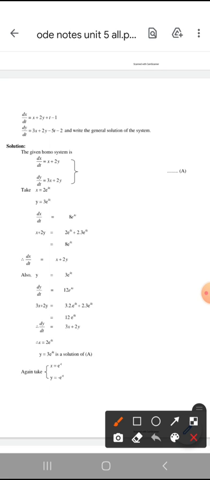Now we differentiate x and we get 8e^(4t).